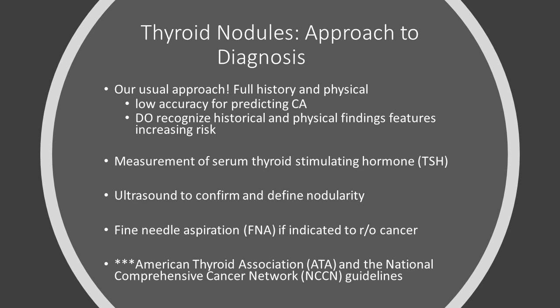I'm going to be focusing on the American Thyroid Association, ATA, and the National Comprehensive Cancer Network guideline recommendations here. There are many different other colleges out there with different recommendations. This is evidence-based. It's widely utilized.